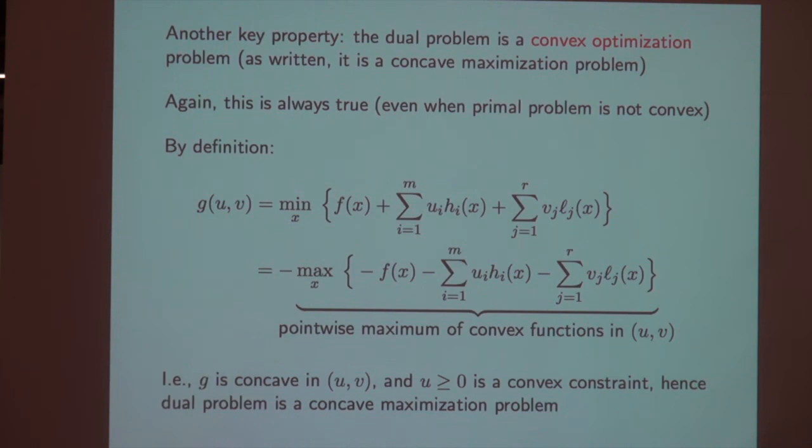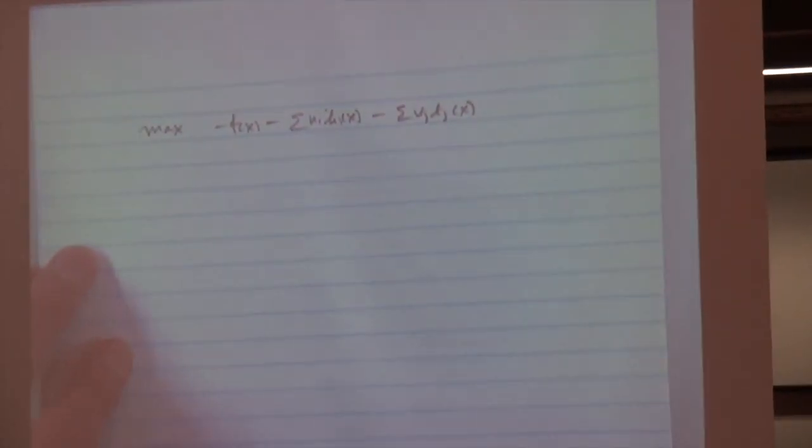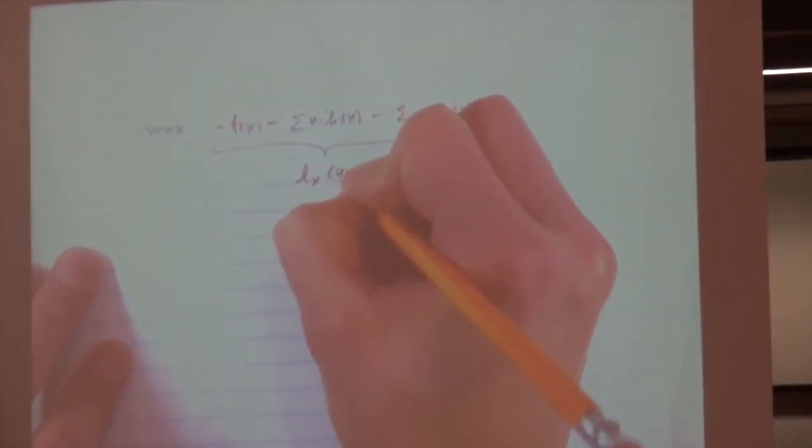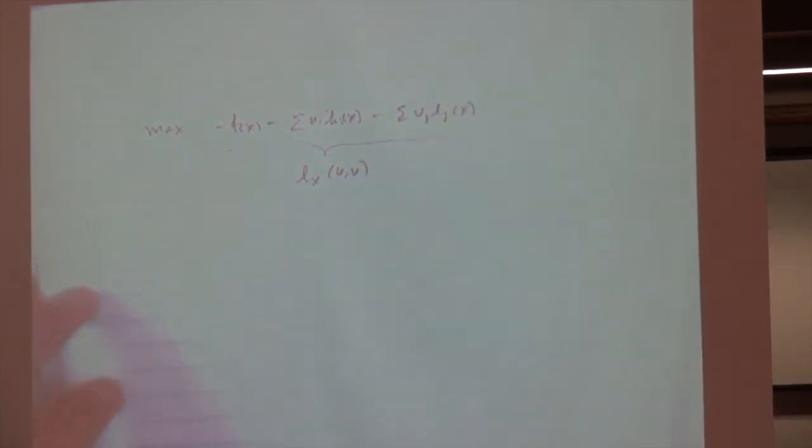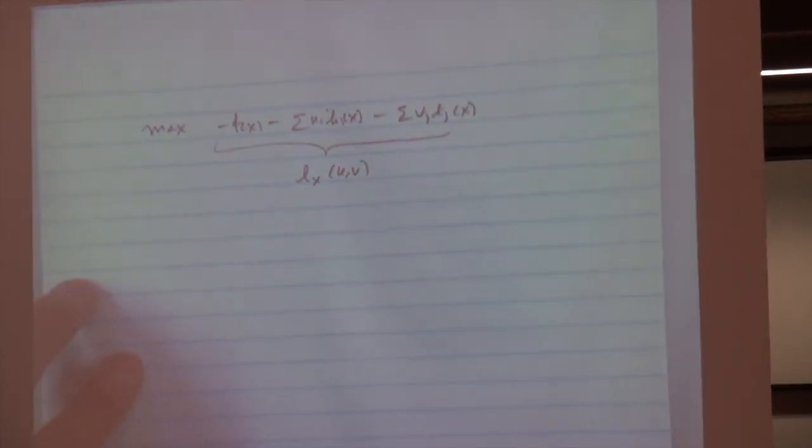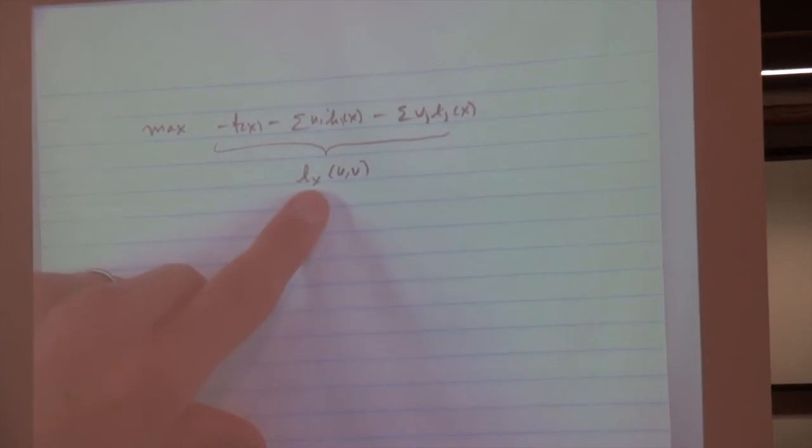Let's write down here it's the maximum of the negative Lagrangian. So let's just call this function L sub x of u, v. What kind of function is L for a fixed x?